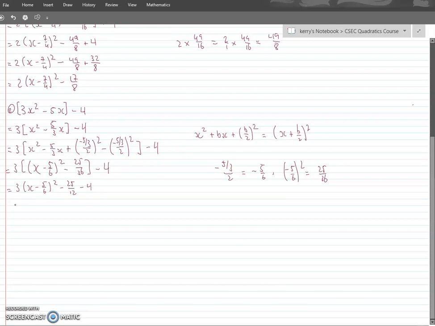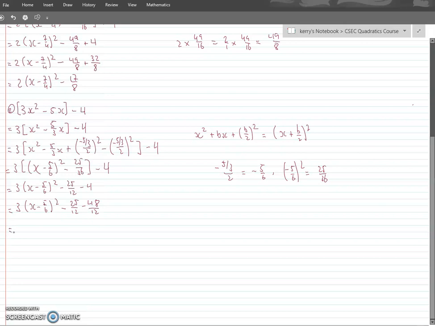Now again, this number outside here, you could easily work that out in the calculator if you want, or if you want to stick with improper fractions, check what you can do. 3 into x minus 5 over 6 squared minus, you multiply the 4 by 12. So that gives us 48, but you can't just randomly multiply 4 by 12, so you divide by 12 as well.